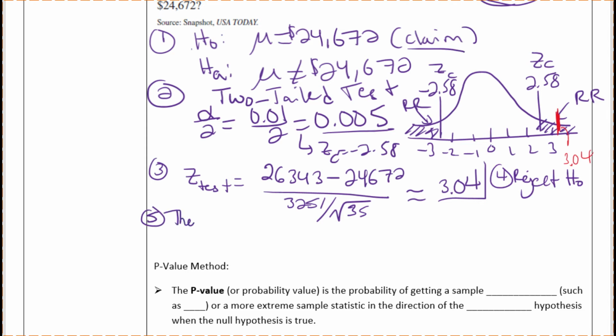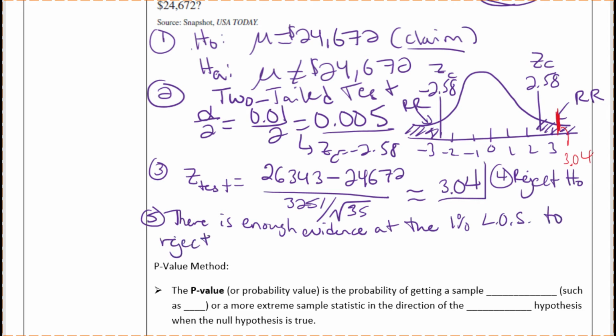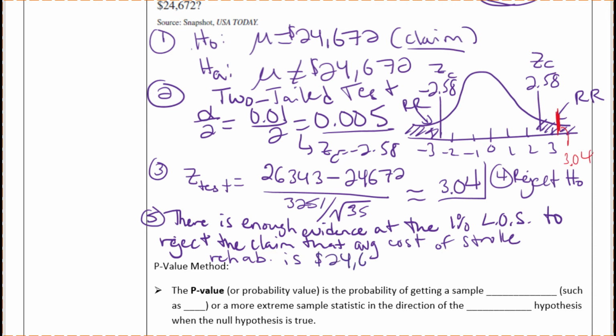So there is enough evidence at the 1% level of significance to reject, instead of support, the claim that the average cost of stroke rehab is $24,672.